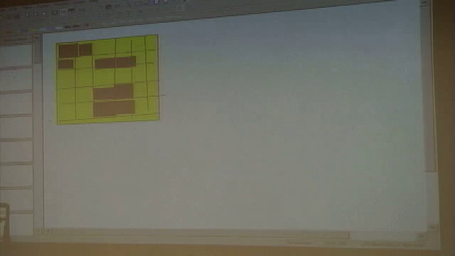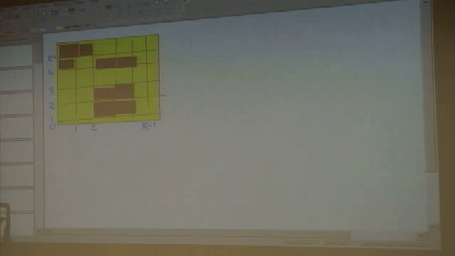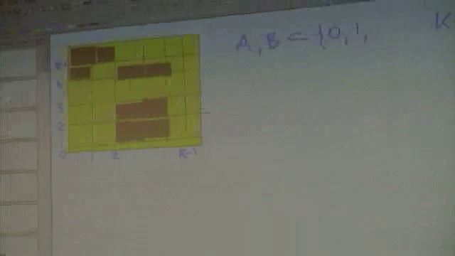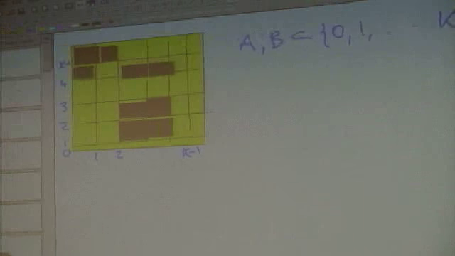If my square is subdivided into k parts, I'm going to label the endpoints by integers, 1, 2, 3, 4, up to k minus 1 here, and same here. And my product set is going to correspond to two sets, A and B, subsets of integers from 0 to k minus 1.